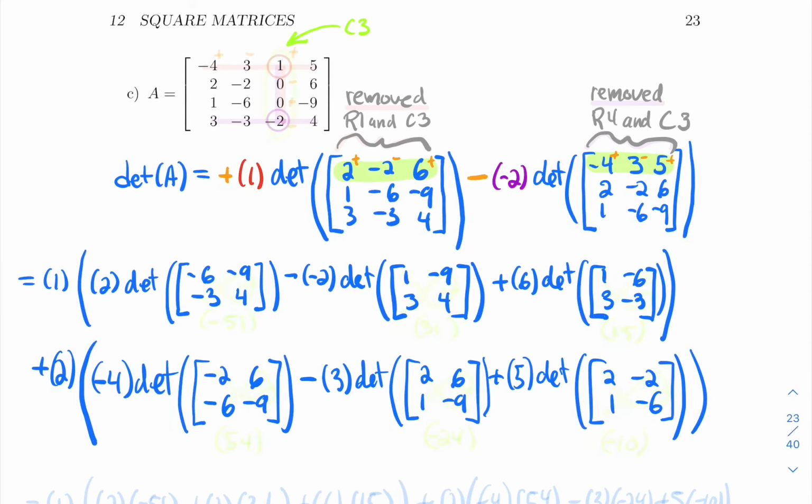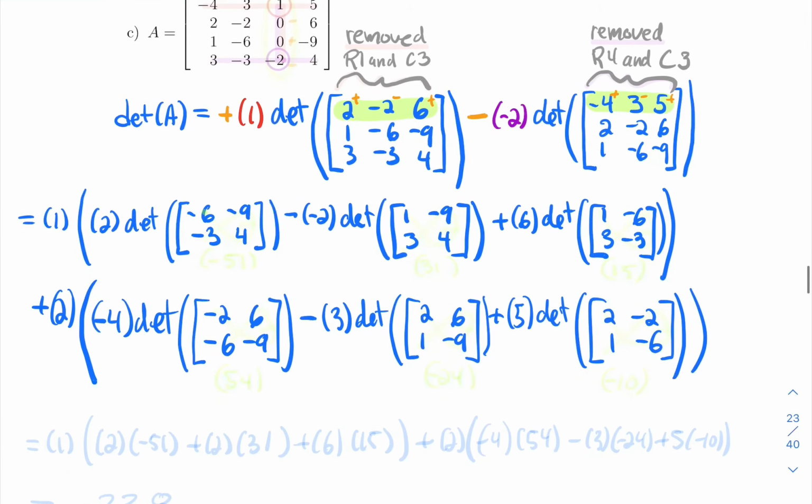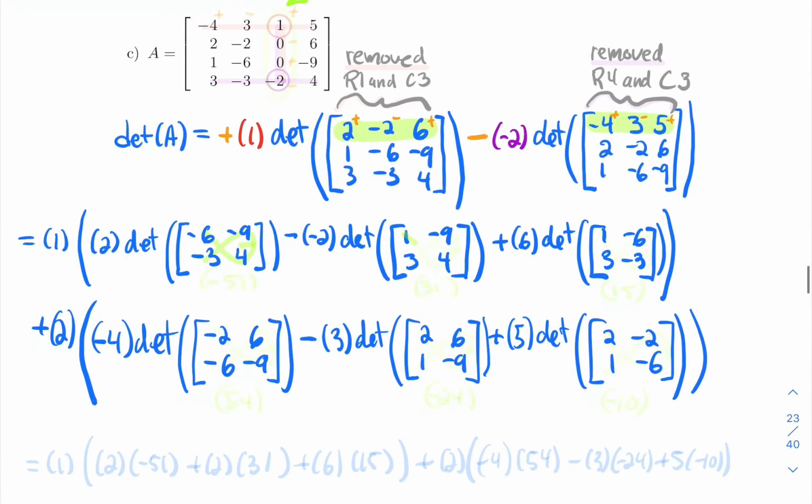So now we only have to compute 6 mini fishes. Even if you start with a 4x4, these computations always end up with the computation of 2x2 determinants. And now if you do your determinant computations, the first one is going to give you minus 51.